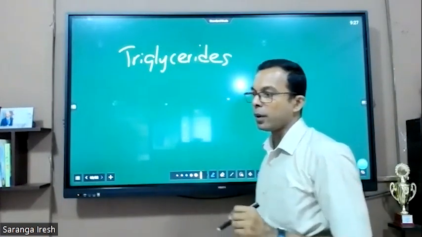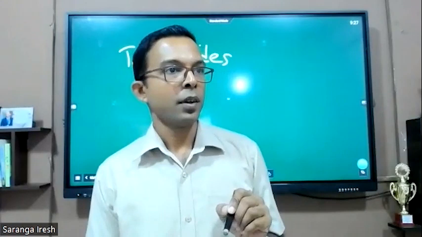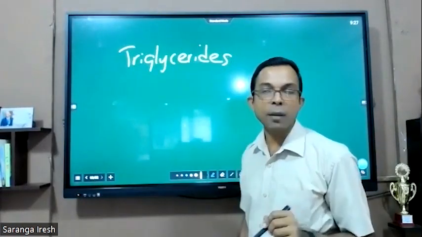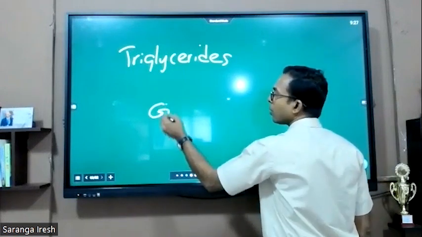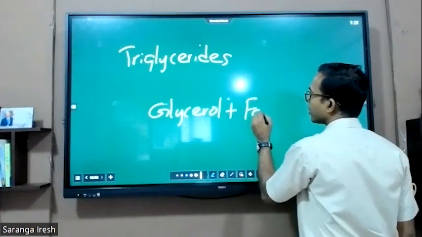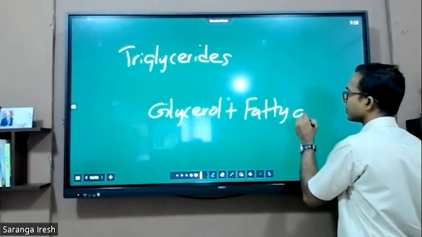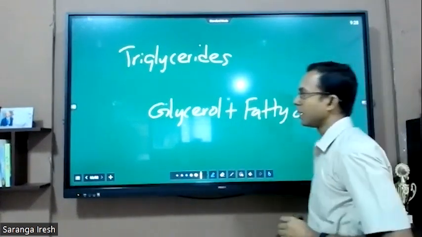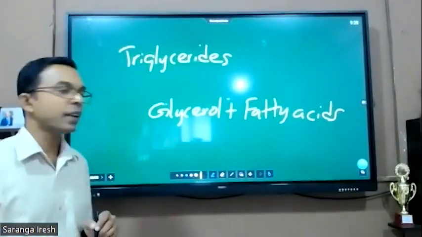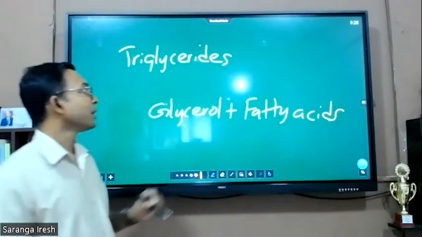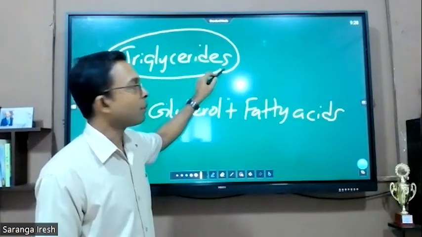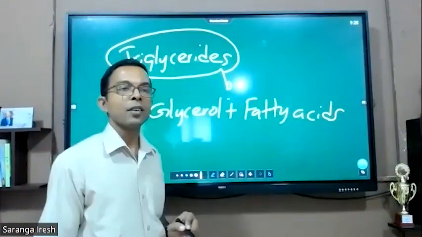Remember, normally when you learn about the fats, you may hear that the lipids or the fats are made up of glycerol and fatty acids. Remember, triglycerides are the ones which are made up of glycerol and fatty acids.